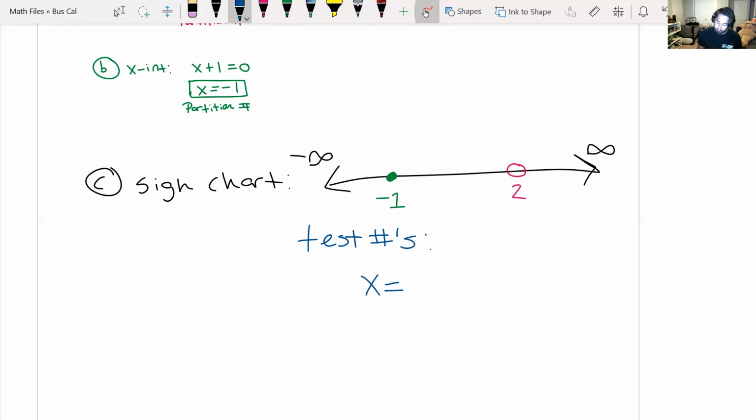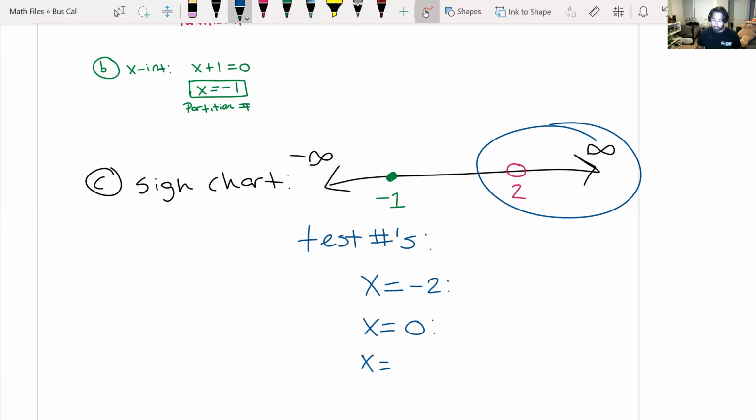That number is going to be -2. And then my next interval is from -1 to 2. I want a number between -1 and 2. I'm going to pick 0. You can pick 1 as well, or 1.5, or 1.99, as long as it's a number between -1 and 2. And then my last interval, 2 to infinity. Give me a number from 2 to infinity. And we're going to pick 3.